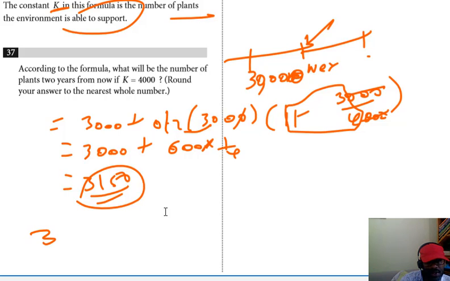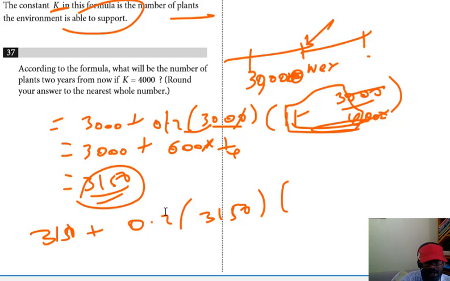So 3150 plus 0.2 times 3150, and just do the same thing here. Of course, this is 1 minus 3150 over 4,000.